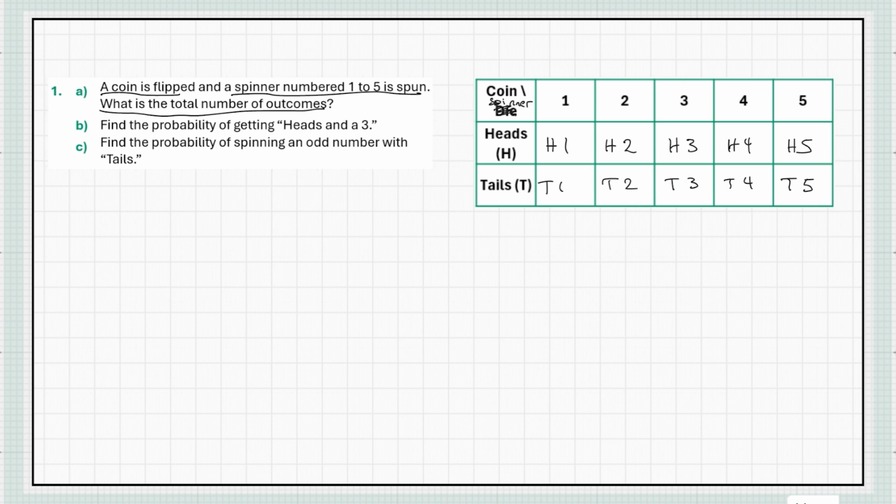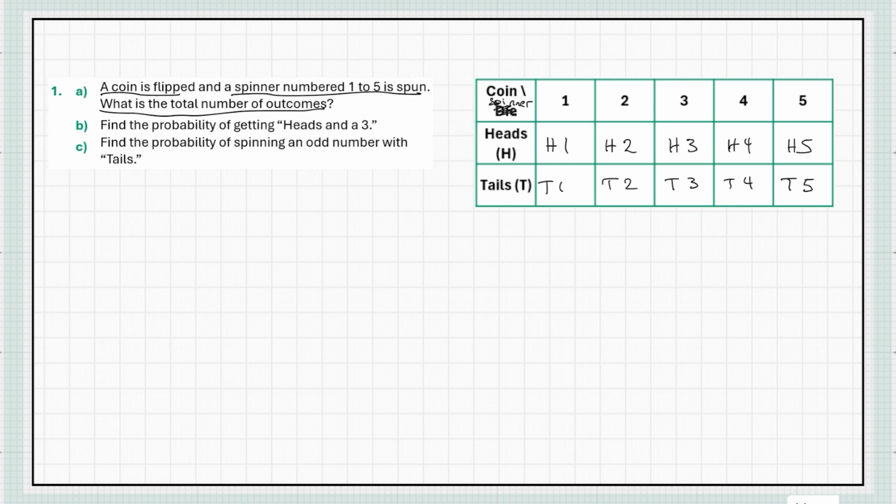So all this is saying is that we can either get a combination of either heads or tails and any one of the numbers 1 to 5. So the total number of outcomes is everything just within the space we just filled out. So 1, 2, 3, 4, 5, 6, 7, 8, 9, and 10.